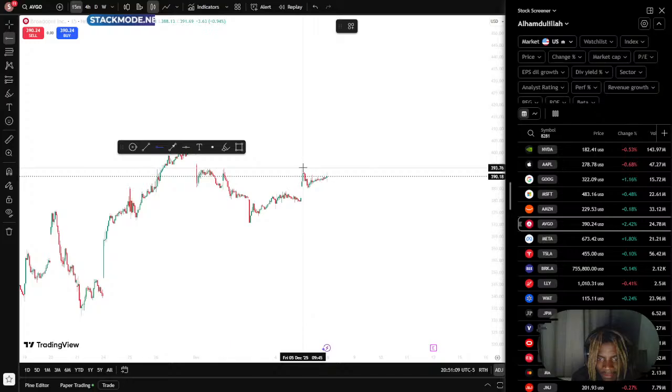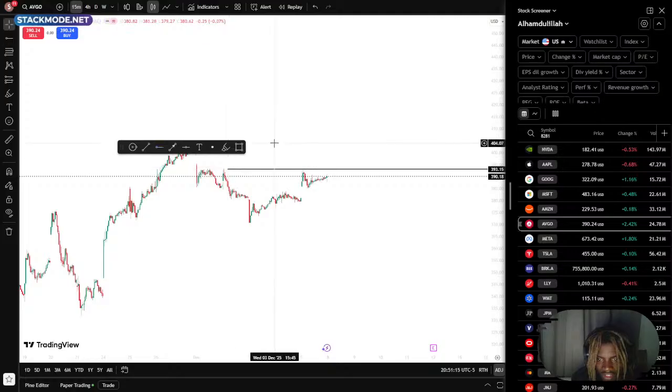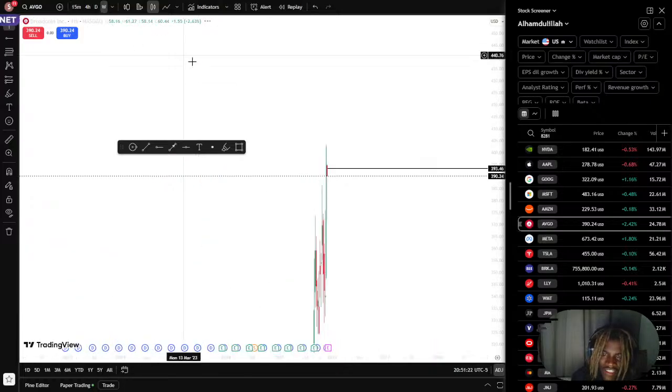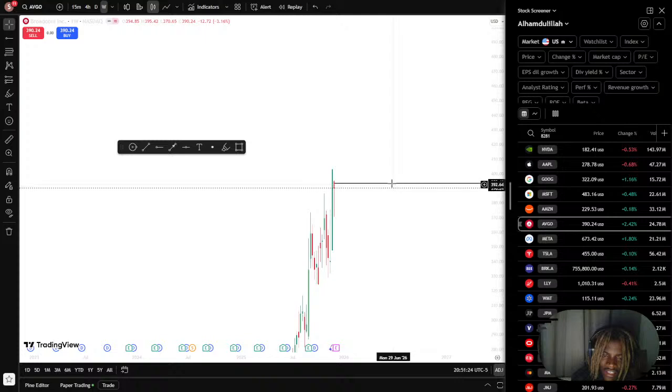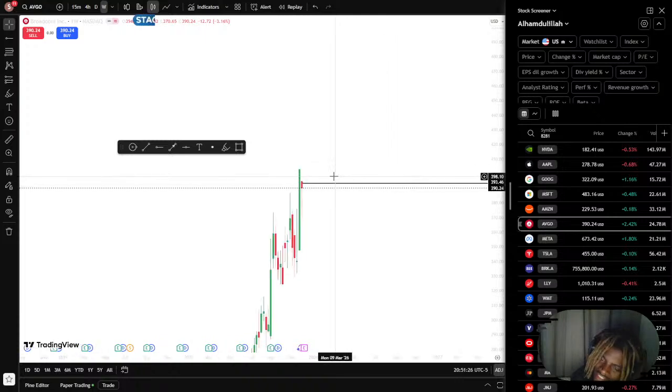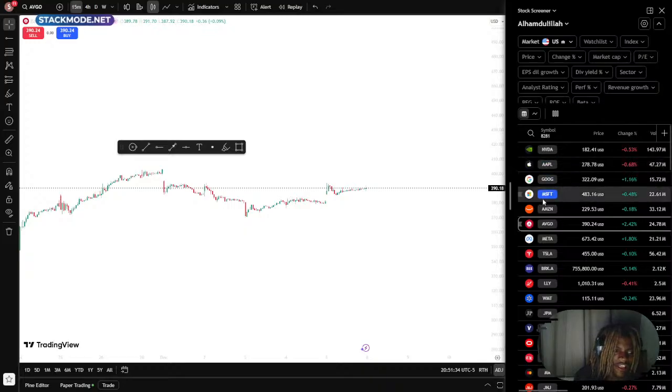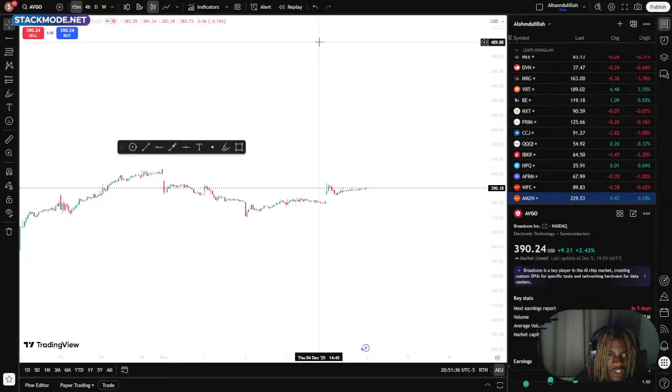If anything, this could be a V. But then I get on my weekly. It's a lot different on futures compared to options, I'll say. But it's not good to live on your 15-minute. You have to make sure you have the full big picture of everything.